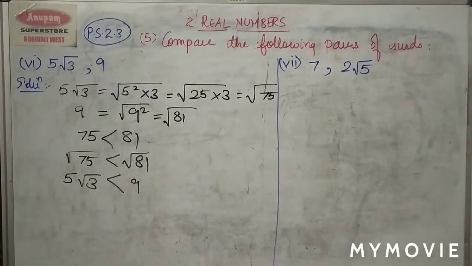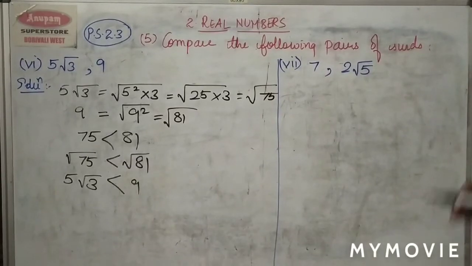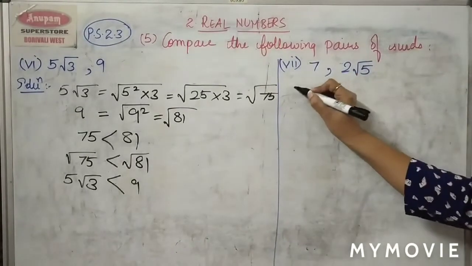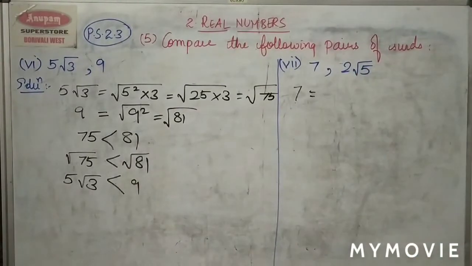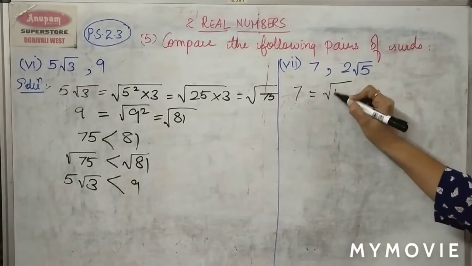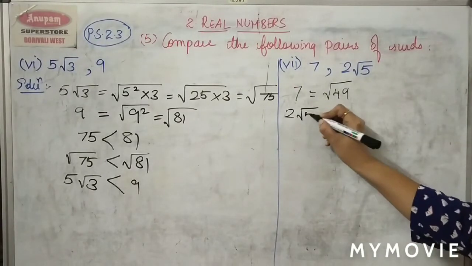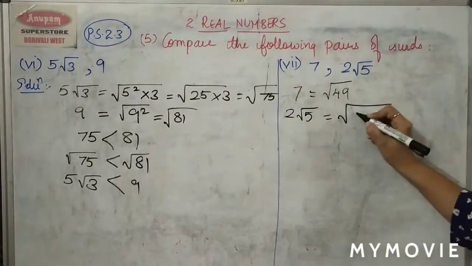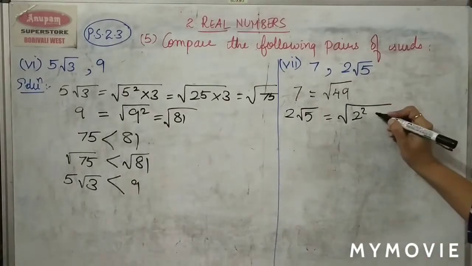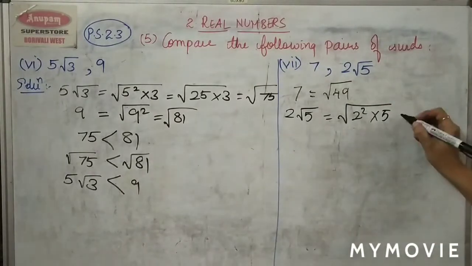Now, 7 is a natural number. If I want to express it in the form of a surd, how will I write it down? 7 is nothing but square root of 49. Also, 2 root 5. When 2 goes inside, it will become square of 2, and this 5 was already there.